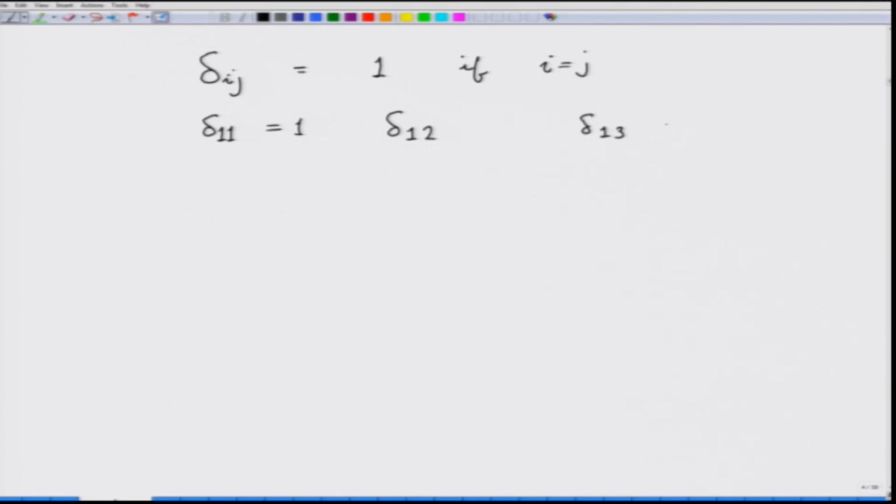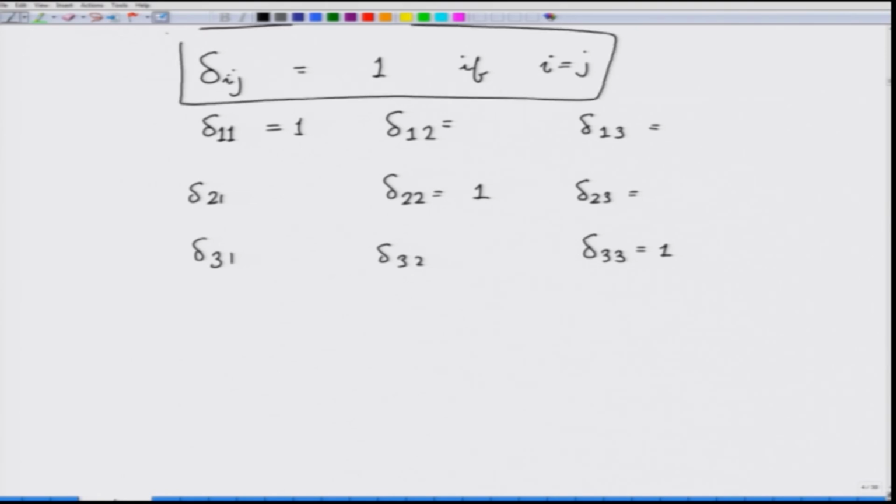So, this part we have taken care of by writing delta 11 equals 1, delta 22 equals 1, delta 33 equals 1, and delta ij is equal to 0 if i is not equal to j, and therefore, all these other terms are going to be 0.